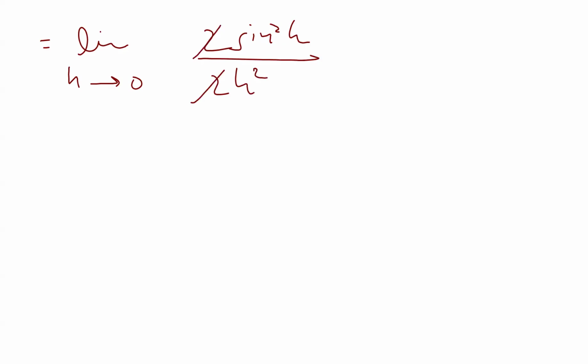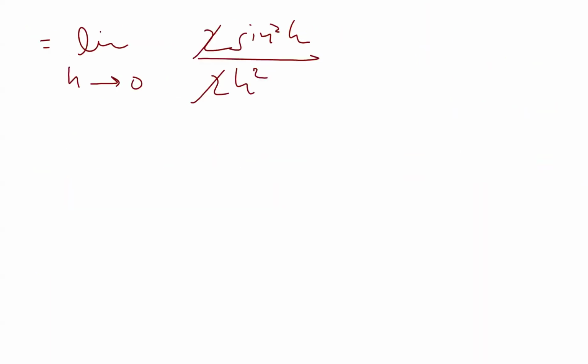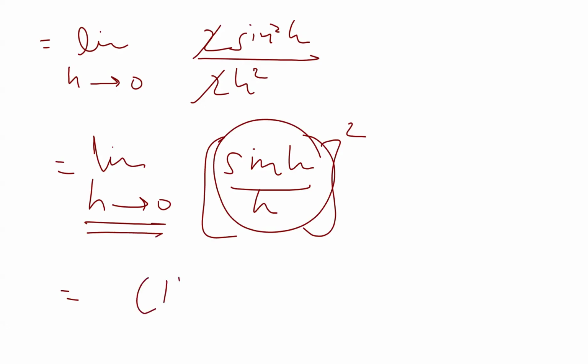So 2 is getting cancelled. So limit h approaching 0 of (sin h upon h) the whole square. Now sin h upon h as h approaches 0 is 1. I hope you know the formula. So this is equal to your RHL, which is 1.